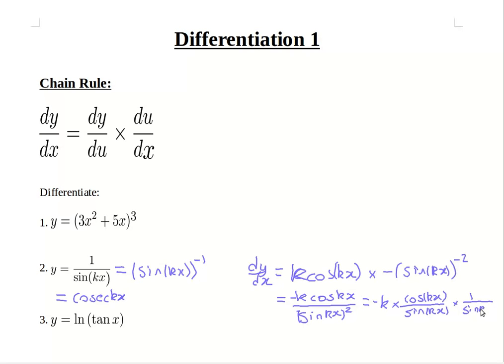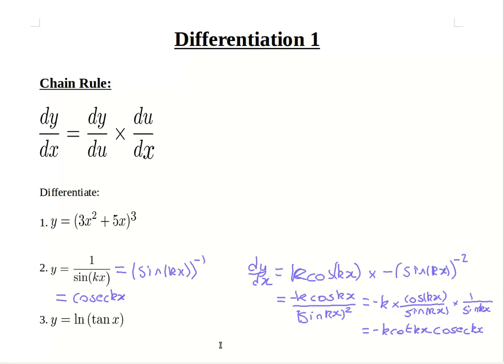Bless them. And it's a good idea to remind them anyway about reciprocal trig functions. And that's going to give me minus k cot kx cosec kx, which is as it appears, I believe, in the formula book.